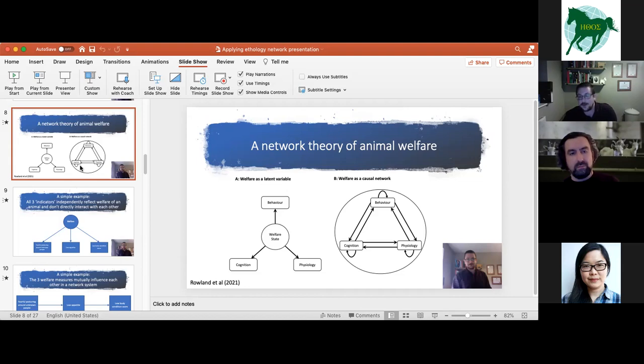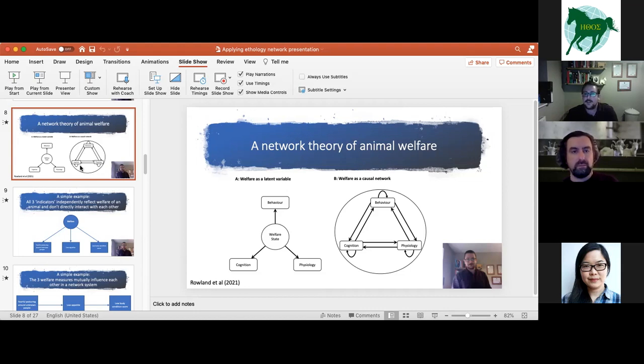So you might appeal to something empirical. For example, let's say nest building as a measure in a network in, say, mice. You might say, well, I think that's a relevant, valid measure of welfare because there is empirical evidence that shows that they will choose to do it even if they have nests available to them. And therefore, I think it captures something about subjective state. So it's a valid individual component in the network.